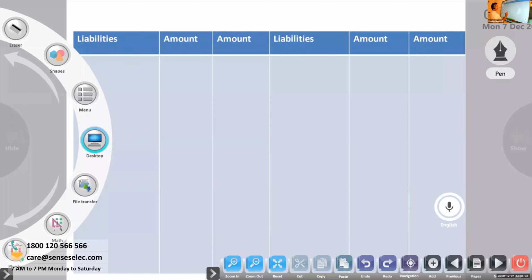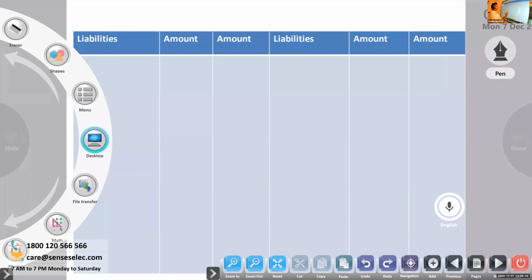First adjustment, less depreciation on car. Car is given 80,000, closing car.